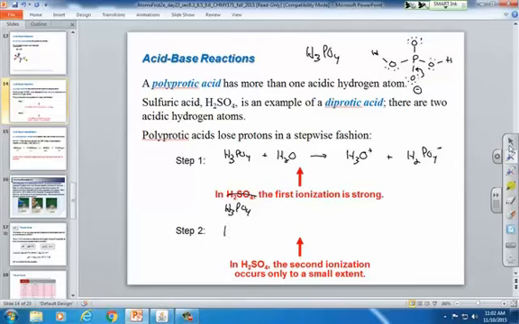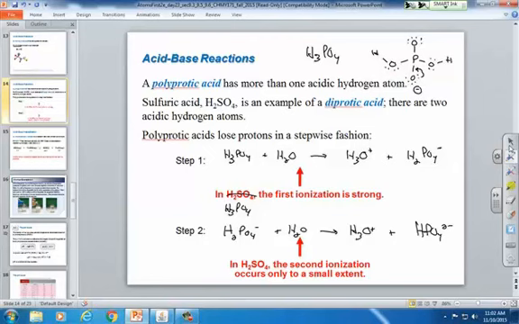Then if the H2PO4 minus reacts again and collides with even a little bit more force and donates another H plus, I make more H3O plus, and then I have HPO4 2 minus.